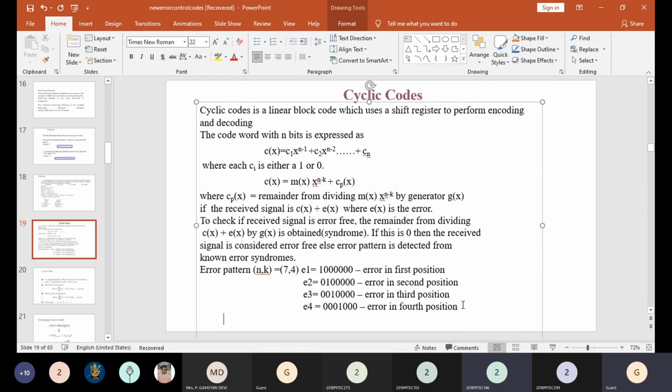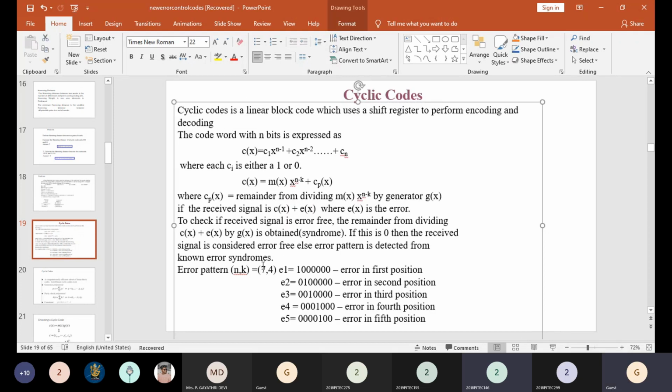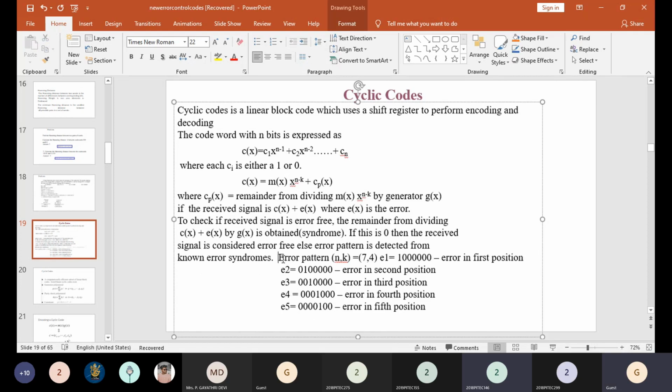Likewise, you can have an error in the fifth position. So these are all the possibilities. E5 is equal to 0 0 0 0 1 0 0, an error in the fifth position. Likewise, you can have E6 and E7.